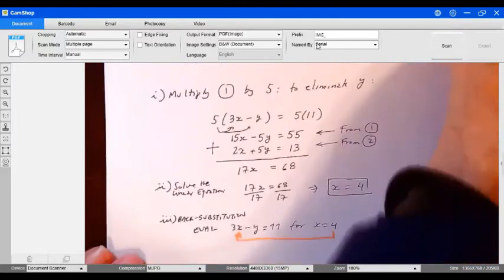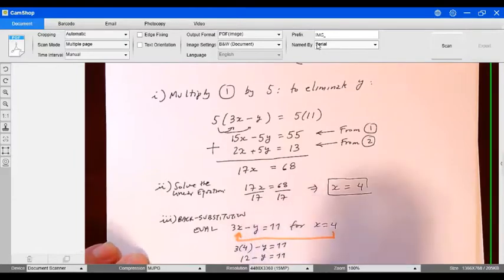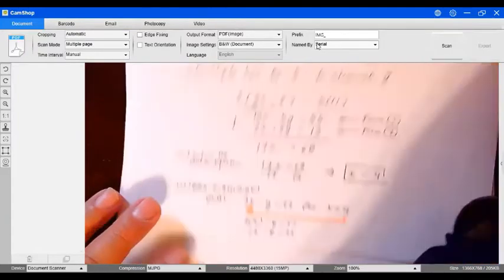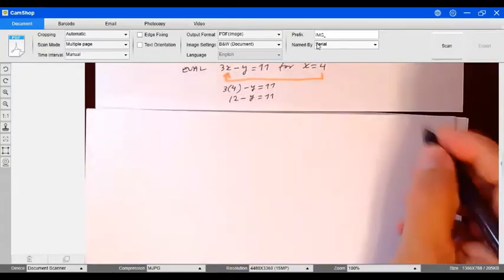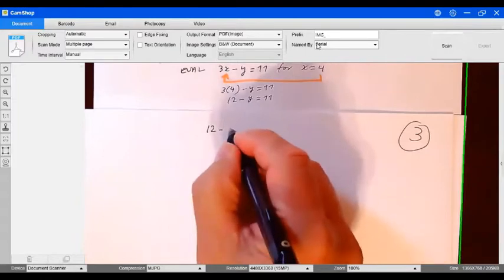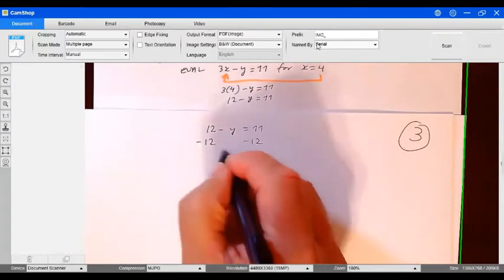So that is going to give us 3 times 4 minus y equals 11. That's 12 minus y equals 11. We're going to subtract 12 from both sides of the equation.